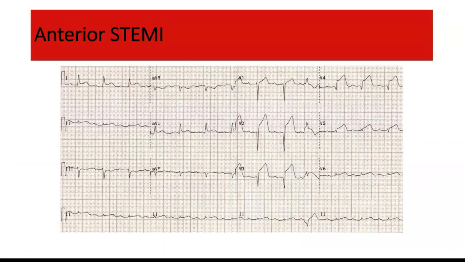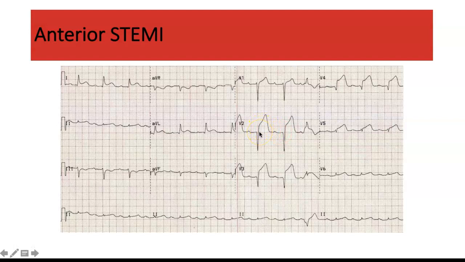Now we're going to go through some examples. So if you look at this tracing, we note here that there is definitely greater than 2 millimeters of ST segment elevation. So we find the J point, we measure from the J point down to the baseline.